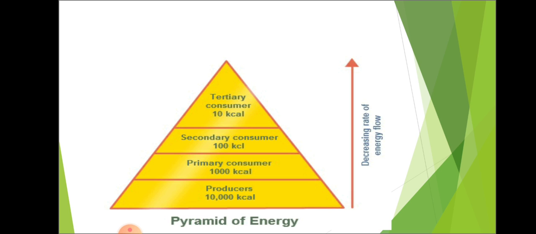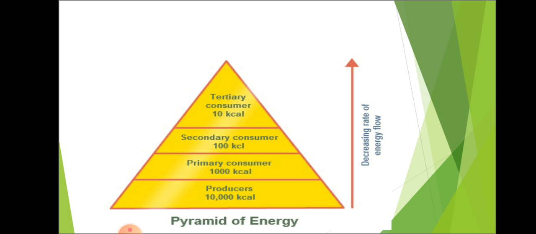Actually, an energy pyramid represents the amount of energy at each trophic level, and the loss of energy as it is transferred to another trophic level. Energy pyramid is sometimes called trophic pyramid or ecological pyramid, because this concept we had already discussed in the concept energy flow in the ecosystem.